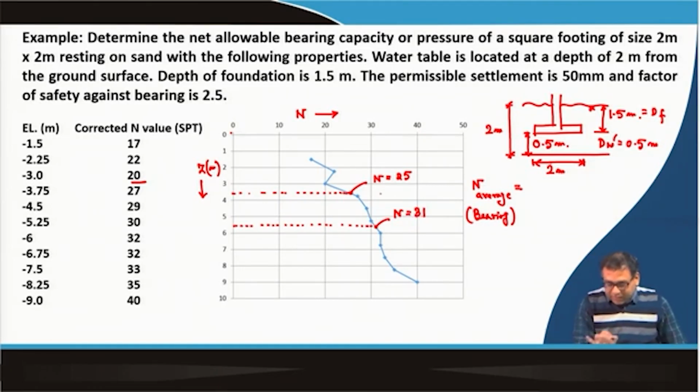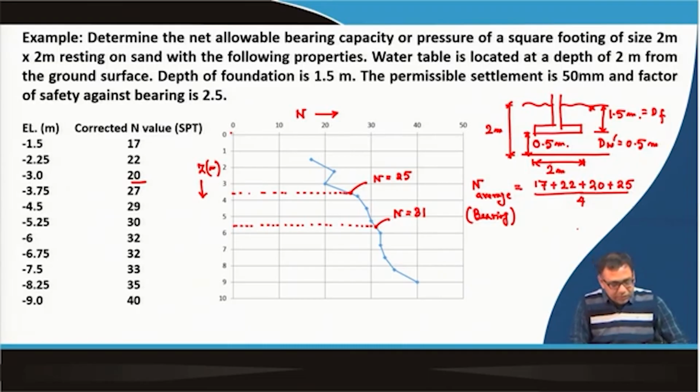So, we are taking these values and we will add them. For example, for 1.5 meter you have 17, plus 2.25 meter it is 22, plus 3 meter it is 20, plus 3.5 meter, which we have also taken, it is 25. So we have taken 4 readings, and the average value is for these 4, and all 4 readings are below the base of foundation.